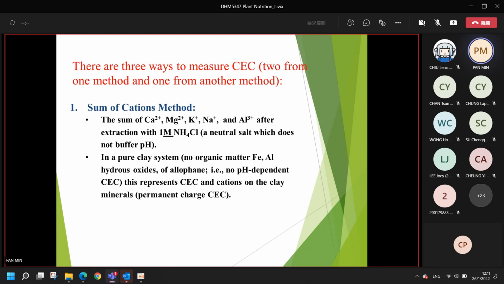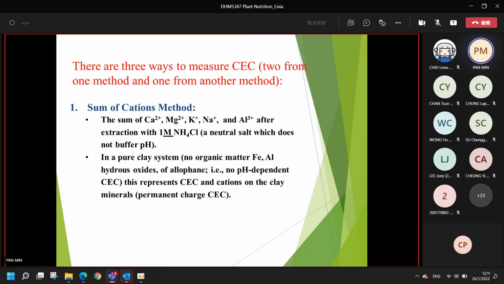So the first one, if you want to measure all the cations in the soil, you can use the sum of cations method.